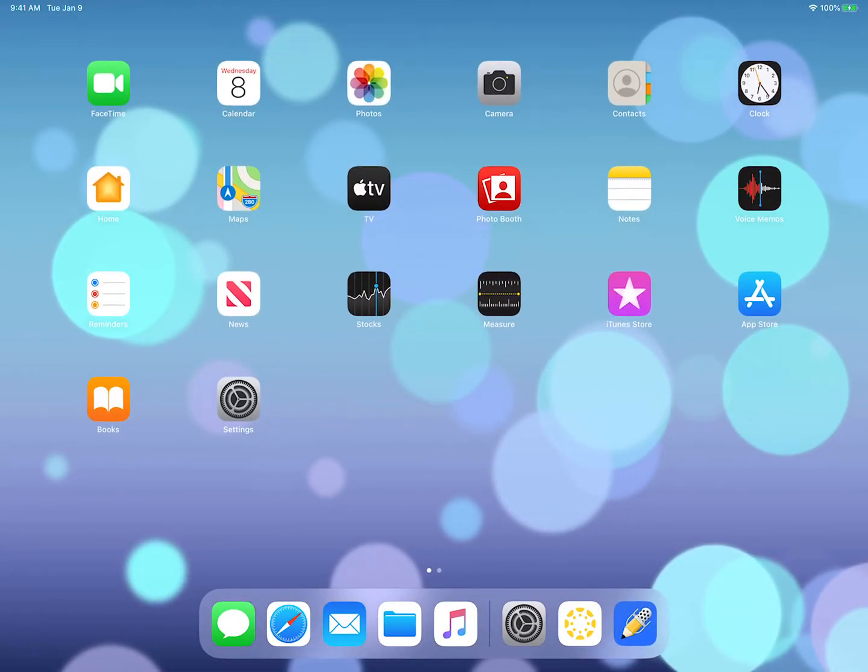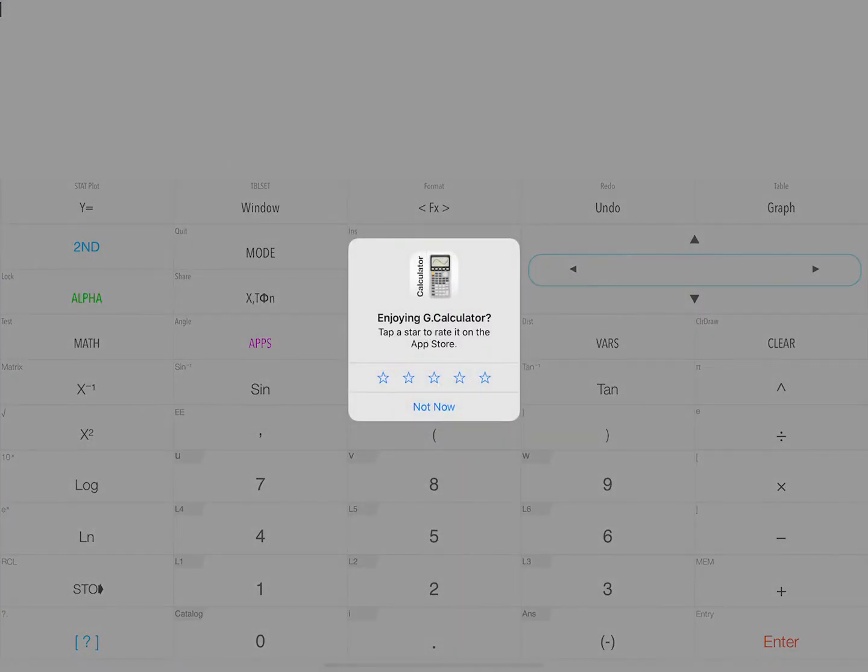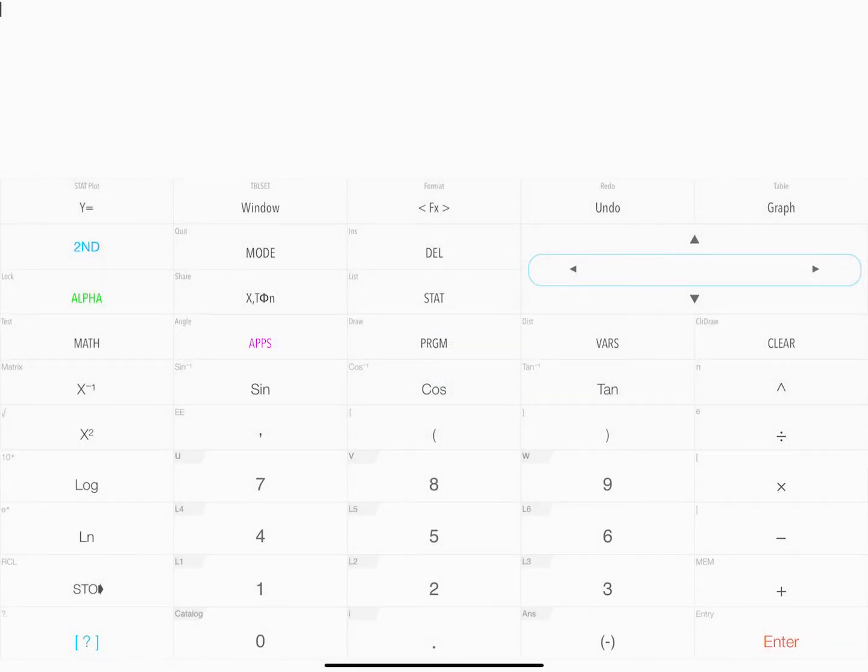So I'm going to have to look for a calculator here. And here we go. Here's a calculator. Let's see if this one's any good. Do I have a square root here anywhere? I don't know if I like that calculator. So let's get out of this calculator.